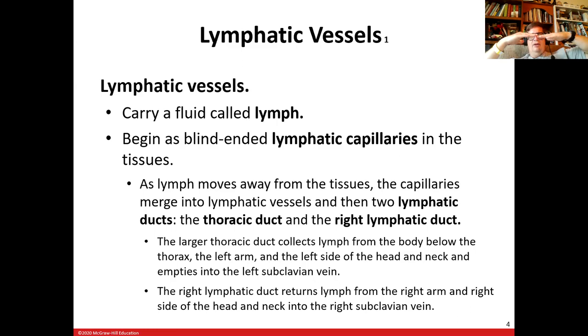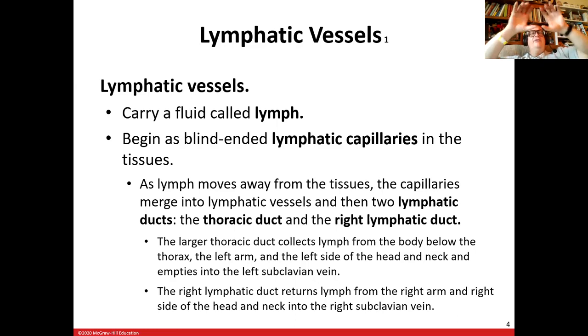Well, if there's any pressure at all, they open up and fluid flows in. And then if you try to squeeze that vessel, it'll build up pressure and it'll trap those shut. They're closed at one end because we want to carry that lymph in one direction. We want to carry it back to the circulatory system.